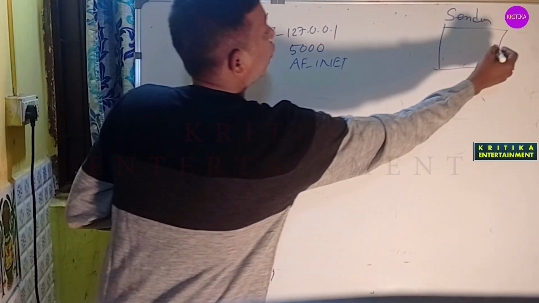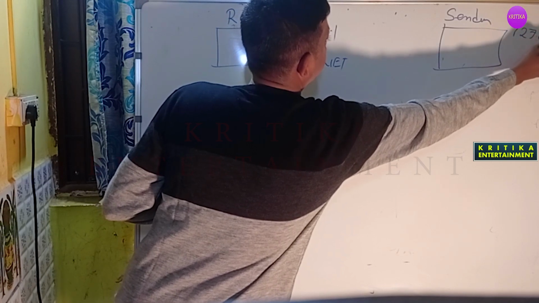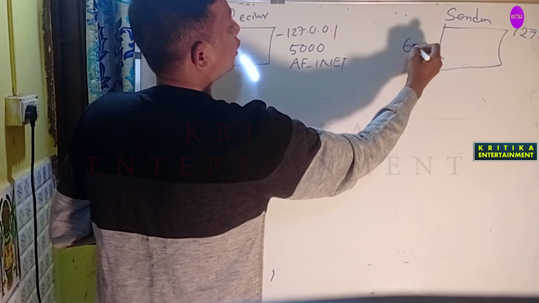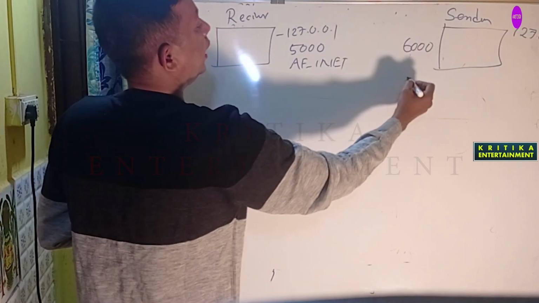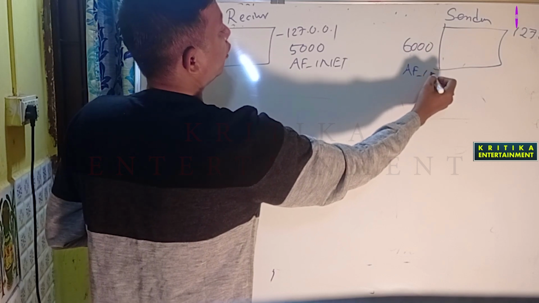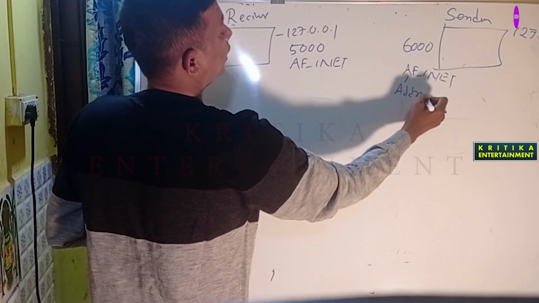For the sender, the IP address is the same machine, so 127.0.0.1. The port I have assigned is 6000. The domain is AF_INET, where AF stands for address family.